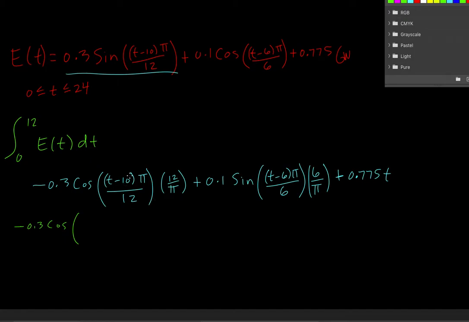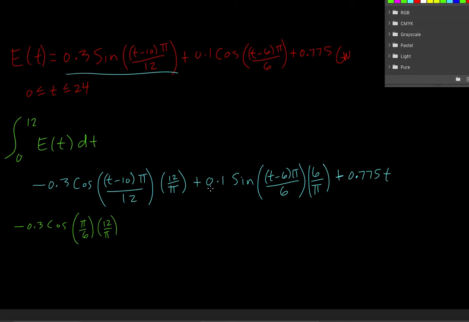So 12 minus that, so that's going to give me just a 2, and then a 2 over 12 will turn the bottom into a 6. So this ends up just being pi over 6. And then on the outside, I still have 12 over pi. Okay.